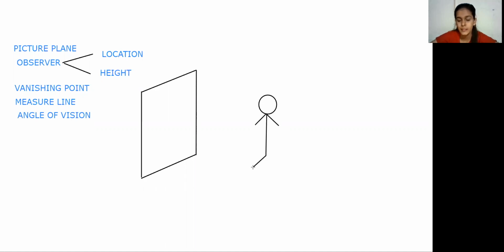And we know if the location of the observer changes, our perspective view will change. If the height of the observer changes, the perspective view will again change. Here is our observer. Consider this. Now, what is angle of vision?